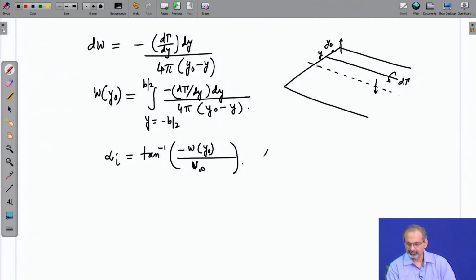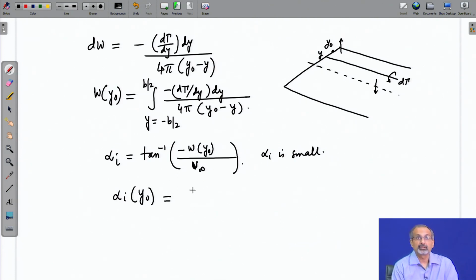And we assume alpha is small, and if you do so, then alpha i at y naught will be given by this expression.